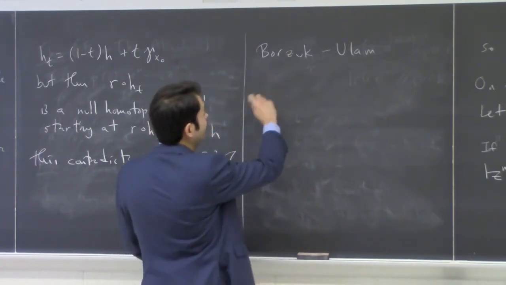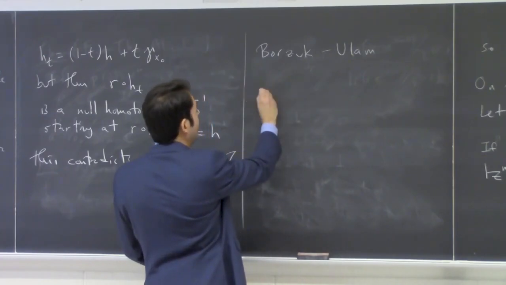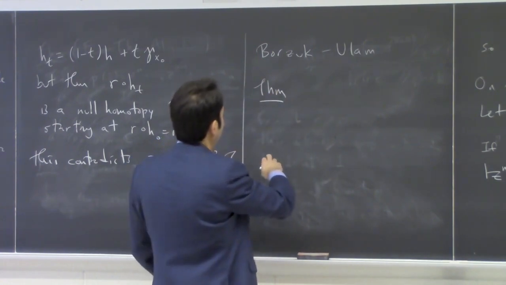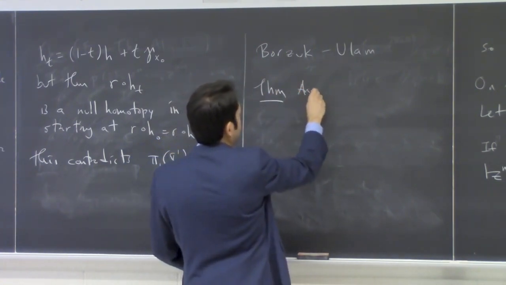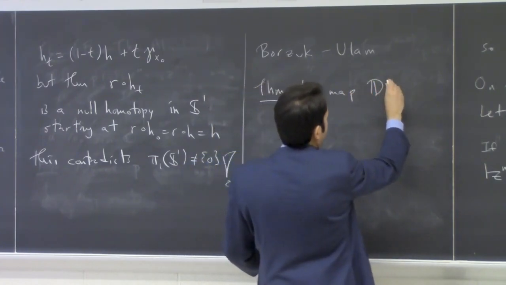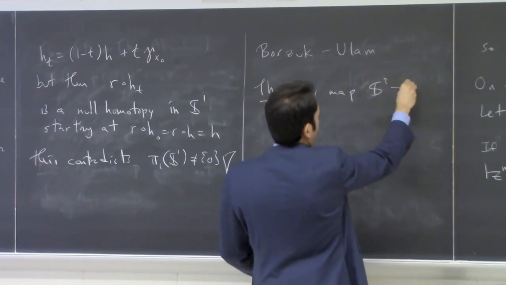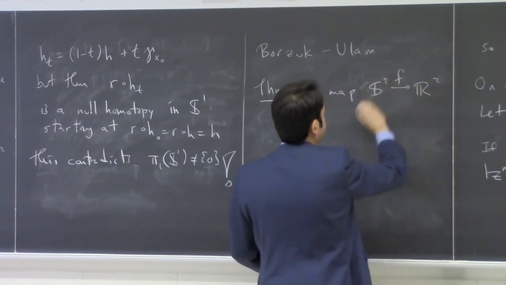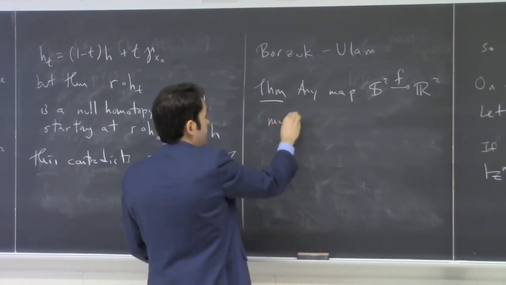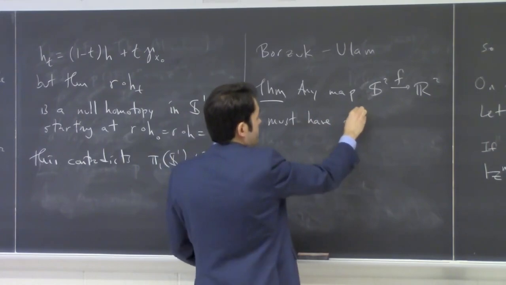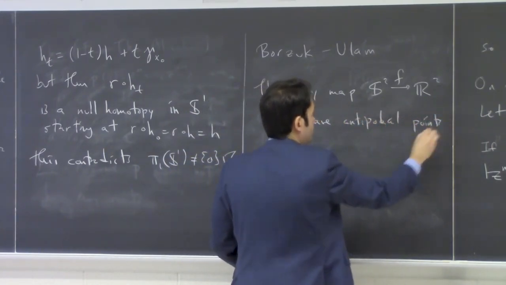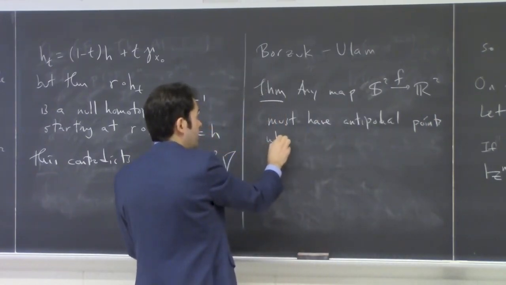But before that, when they were in Poland and life was good, they showed that if you have any map f from S2 to R2, it must have antipodal points where it takes the same value.